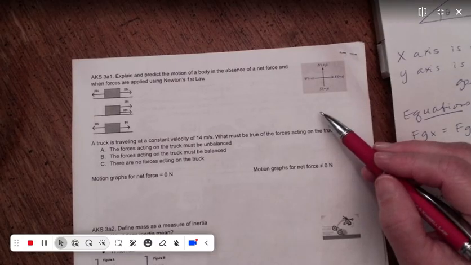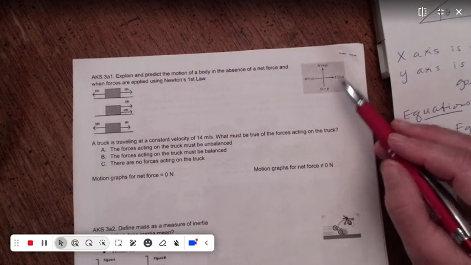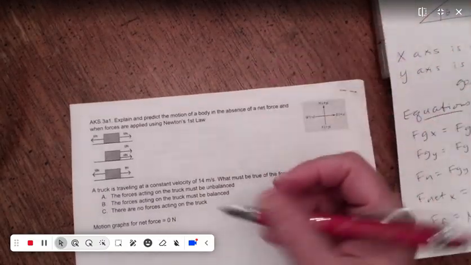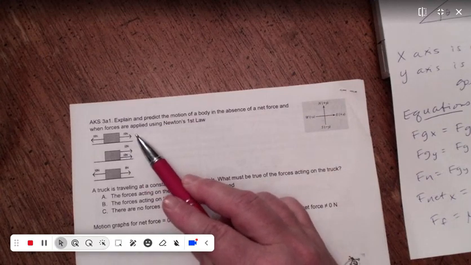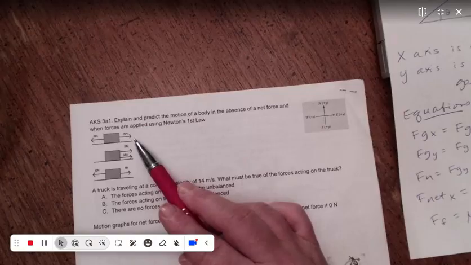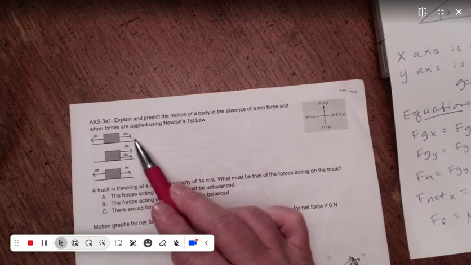Explain and predict the motion of a body in absence of a net force and when forces are applied. That's kind of confusing. Okay, so we've got these three scenarios here. In the first scenario, we've got forces exerted in opposite directions.